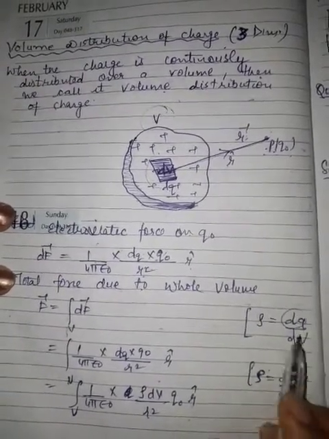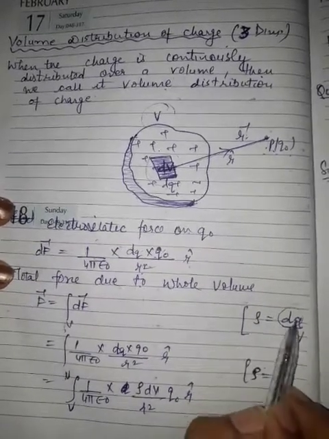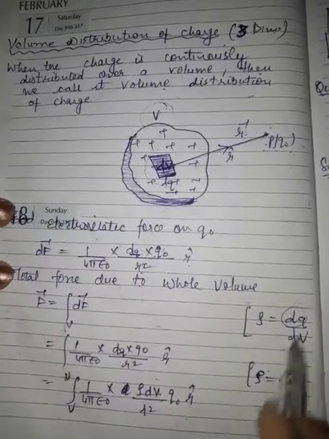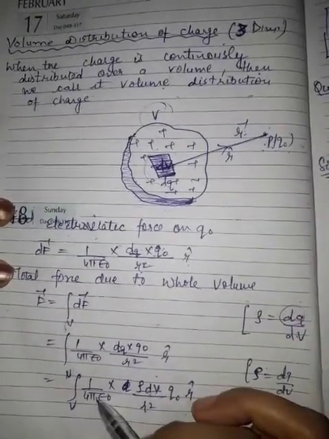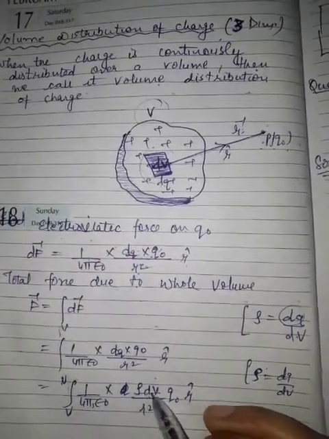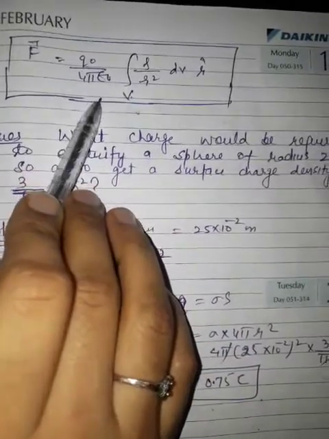That means charge per unit volume is volume charge density. So dq will be rho dV. Put the value of dq over here, rho dV. Now take q naught by 4 pi epsilon naught common out of this integral. What is left inside? Rho dV upon r square into r cap. This is the force due to volume distribution of charge.